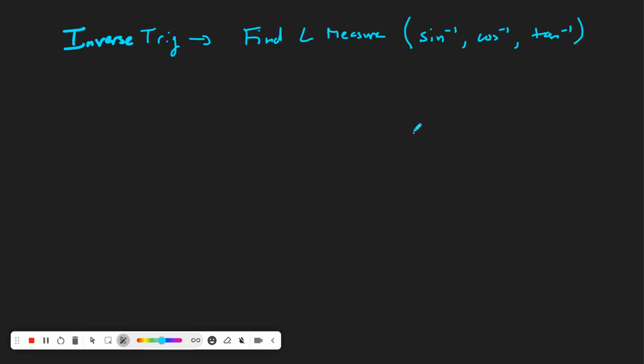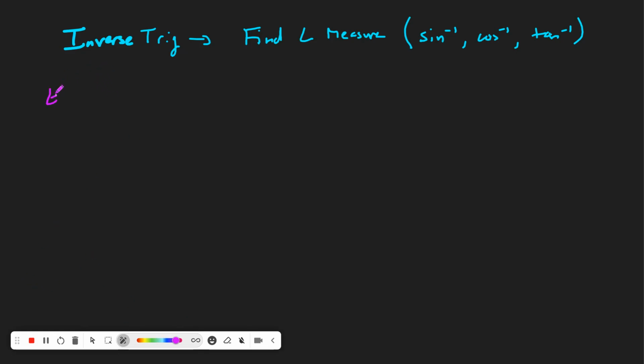And all it is is notation. It's the sine with a -1 exponent, cosine -1 exponent, tangent -1 exponent. Again, it just goes in the exponent spot. It's just notation.